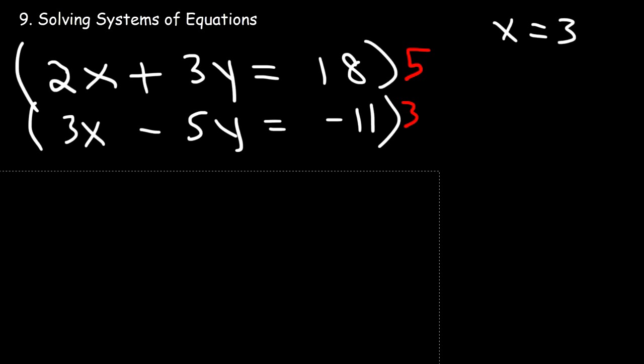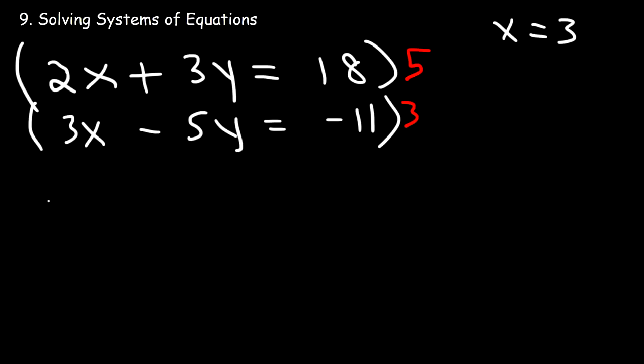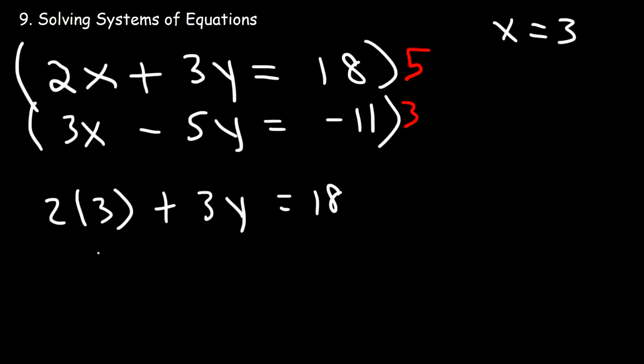Now, once we have that, we could use the original equation to get the value of y. So let's use this equation before we multiplied it by 5. So let's replace x with 3, and let's calculate the value of y. 2 times 3 is 6.